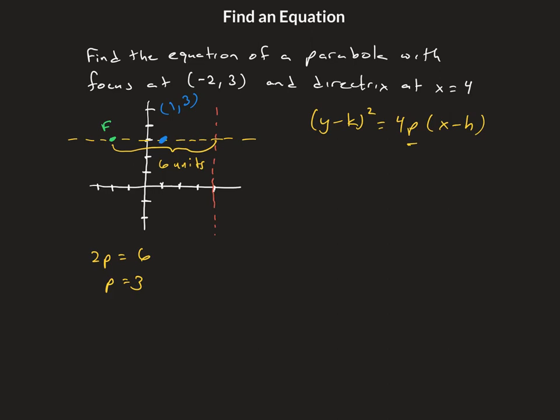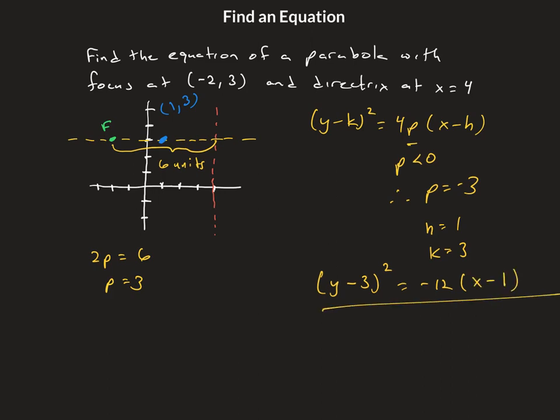So this p value has to be less than 0, therefore p will be equal to -3. I also know, because the vertex is at the point (1, 3), that h is equal to 1 and k is equal to 3. So the equation for this parabola in standard form is (y minus 3) squared equals -12 times (x minus 1). There's the equation for the parabola that's described right there.